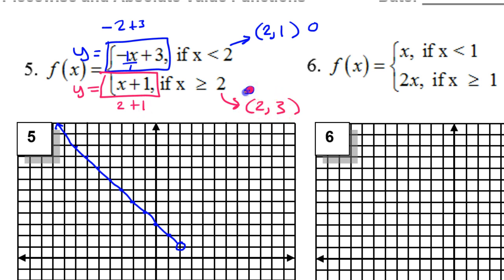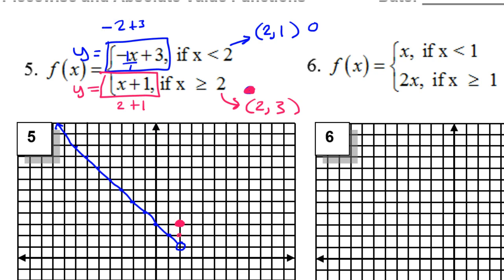We will make this one a closed circle because we want the x values to be greater than or equal to 2, so we're going to include this point. So (2, 3): over 2, up 3 would be right here, and we'll make that a nice closed circle.